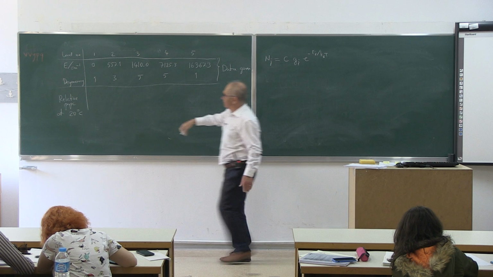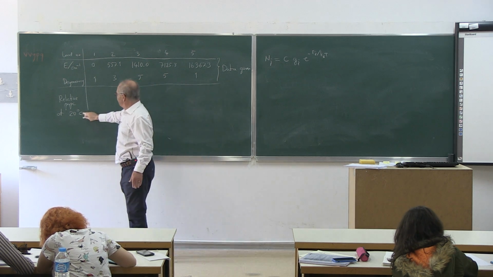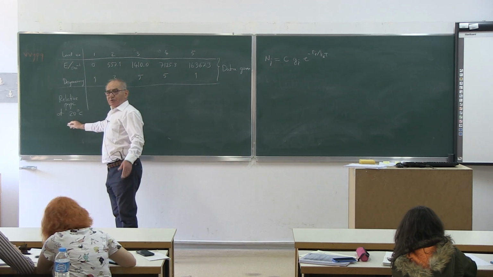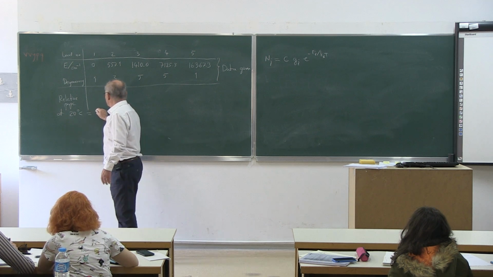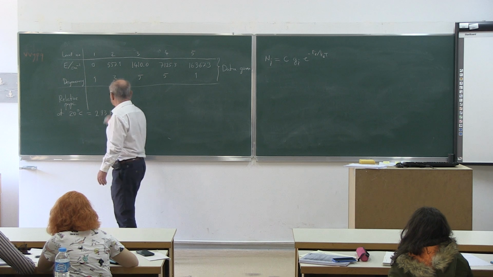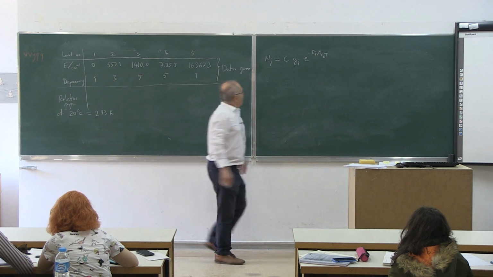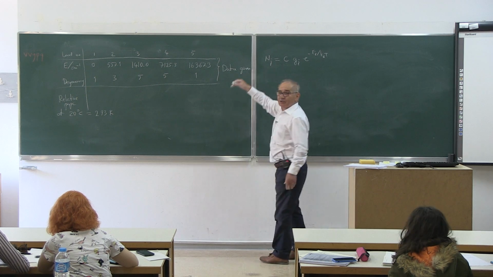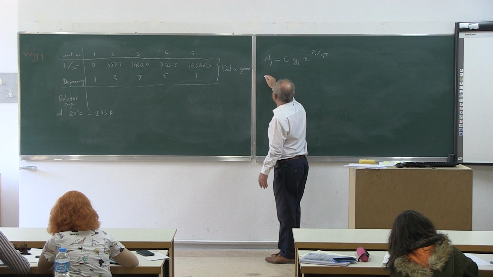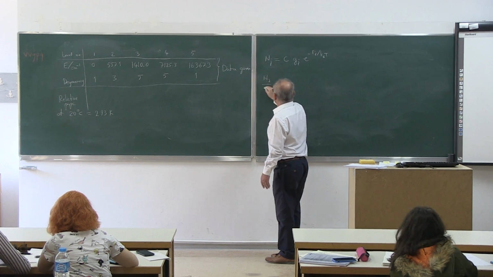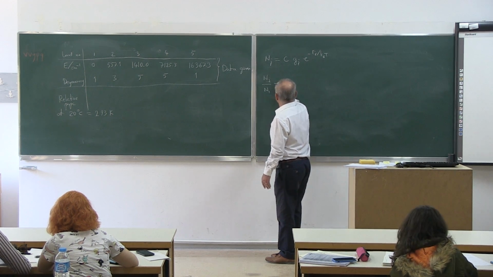What is the absolute temperature if this is in centigrade? 273 plus 20, so this is 293 Kelvin. Relative population is relative to the lowest level, so here we have Nj over N of the lowest level.